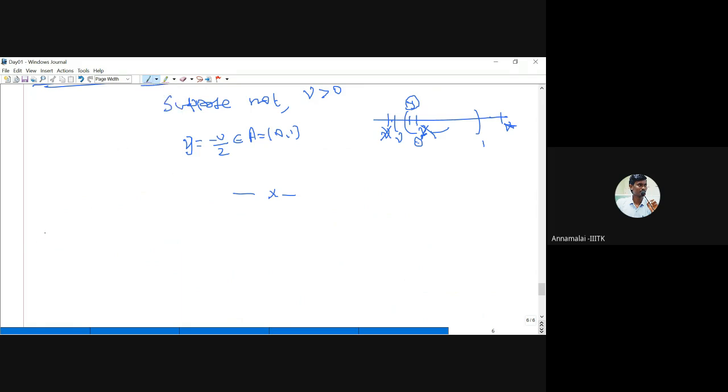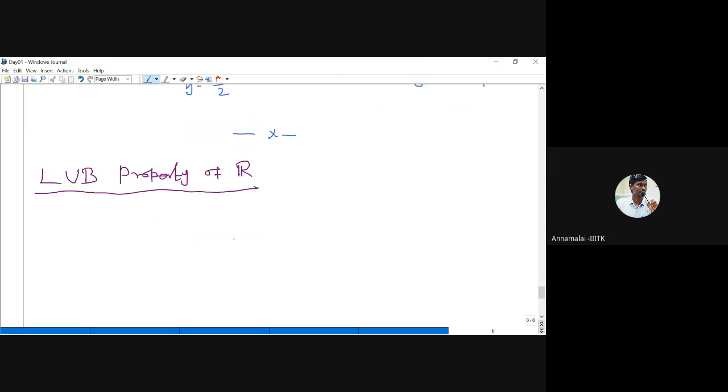That property is called the LUB property, the least upper bound property of the real numbers. This property is true only for the real numbers. If you take rational numbers, it will not work. So this property is enjoyed only by the real numbers.